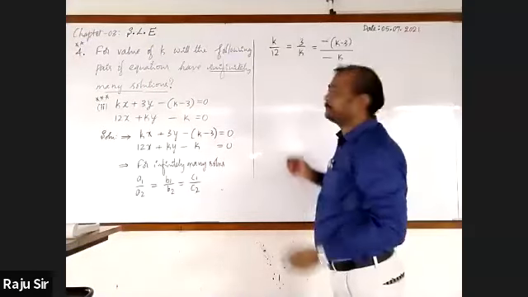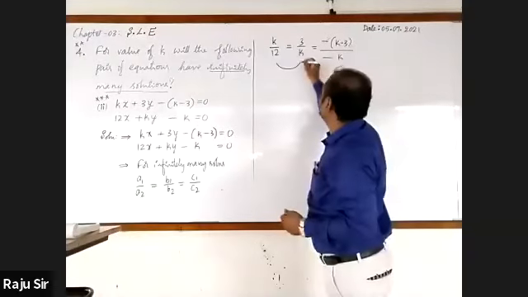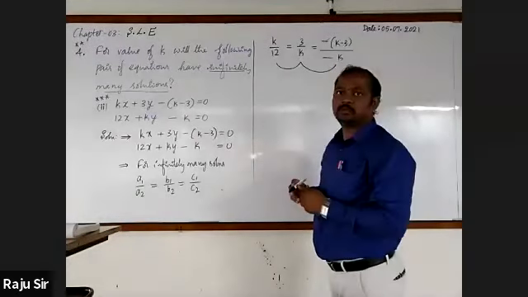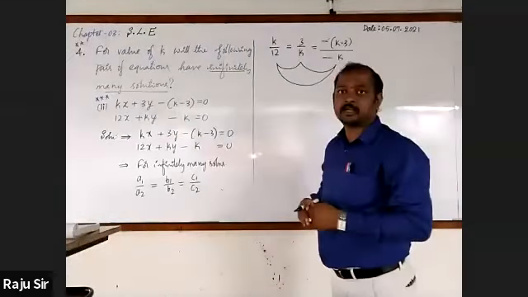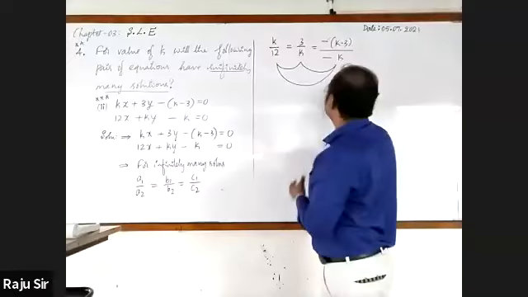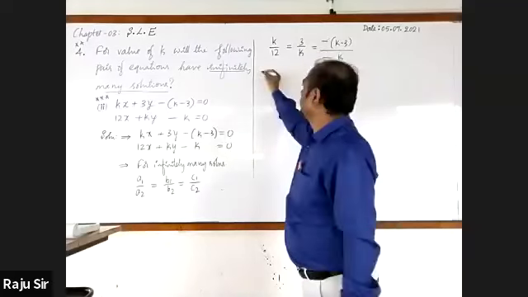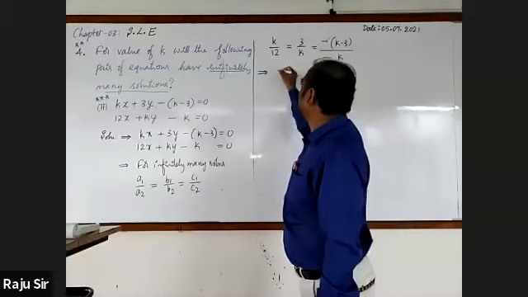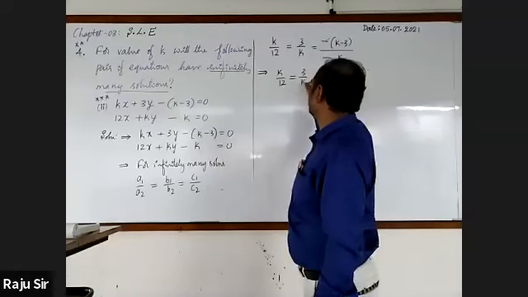Here we have some possibilities. You may equate first two, you may equate last two, you may equate first and last also. Let's go for using first two. It is k by 12 is equal to 3 by k.